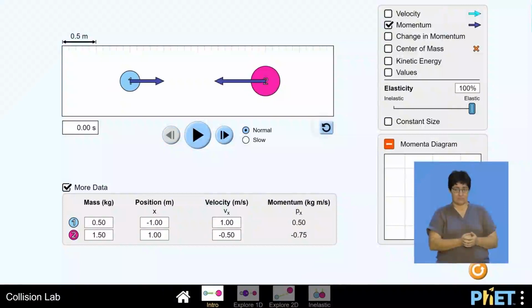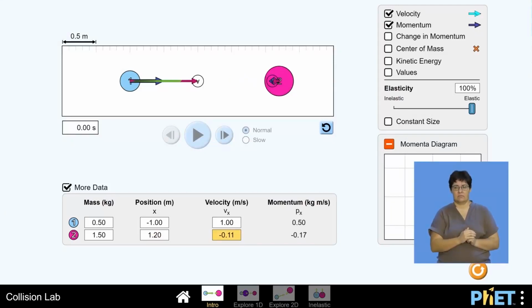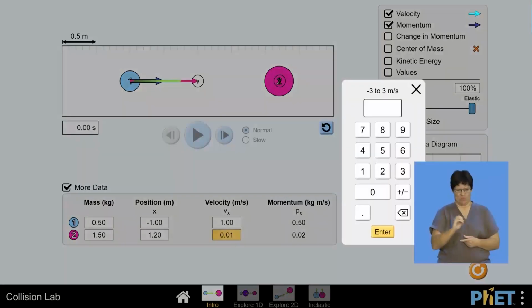Let's reset this. And what I'm going to do, okay, now we're going to do one slightly different. So I'm going to change this velocity. I really am. It will let me do it. No. Okay, let's change. I'm going to change this velocity. There we go. So what I'm doing is I'm making the original velocity, I wanted to get it to naught. There we go.